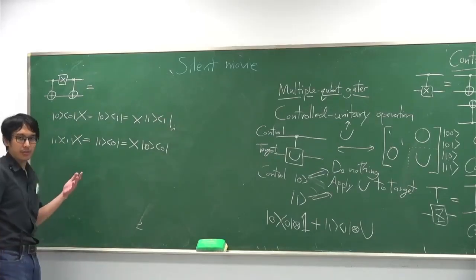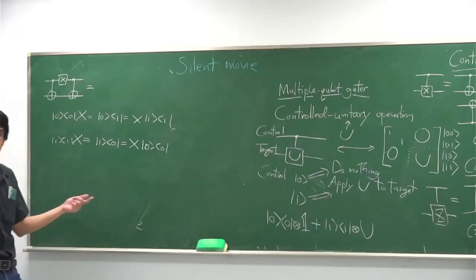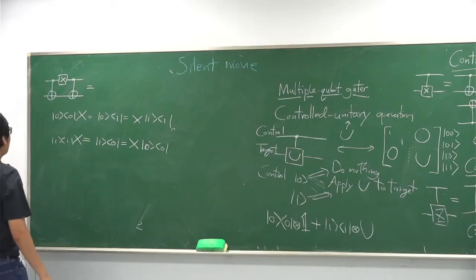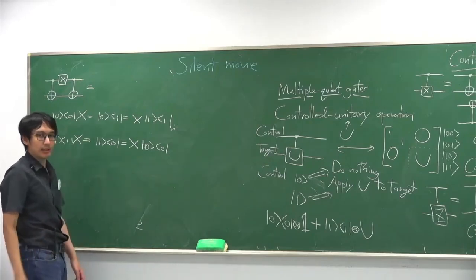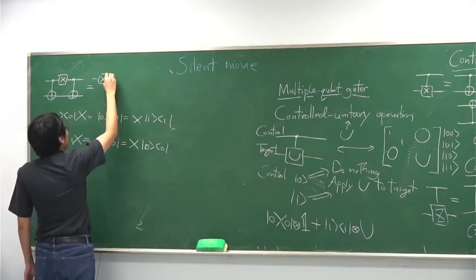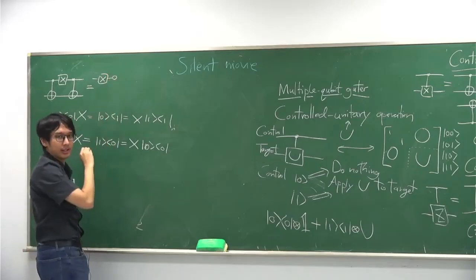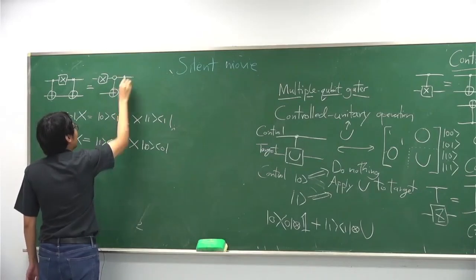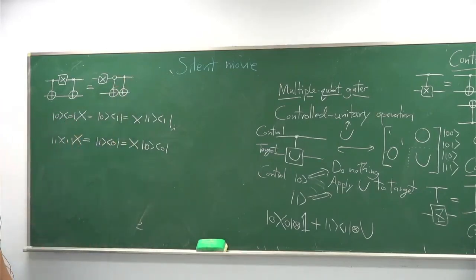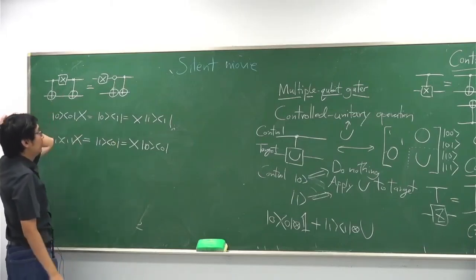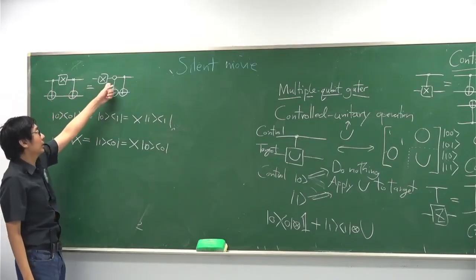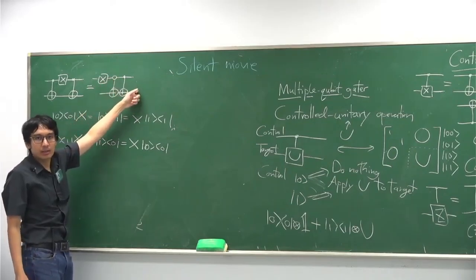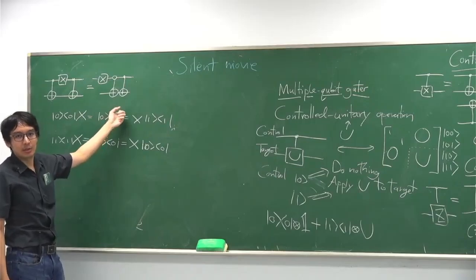So now you change the definition of control. And now instead of 0 doing nothing, now it's 1 that is doing nothing. And people have a symbol for that, which is to have an open dot on the control. Well, so now what is happening here, right? This is saying that whether the control qubit is 0 or 1, I will just apply x on the second qubit anyway, right?